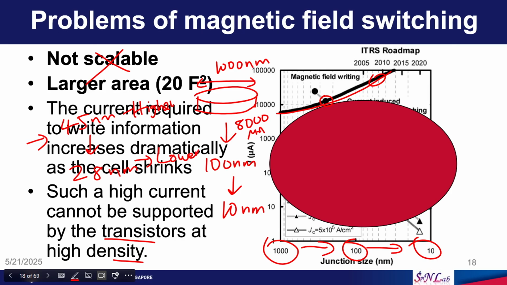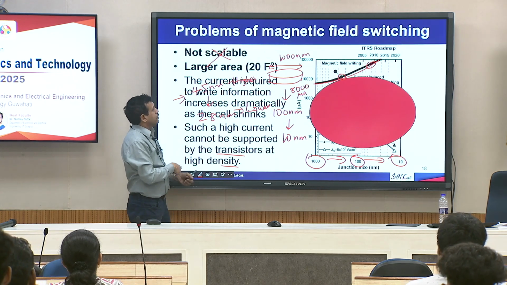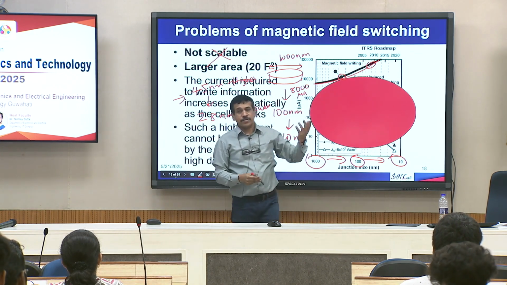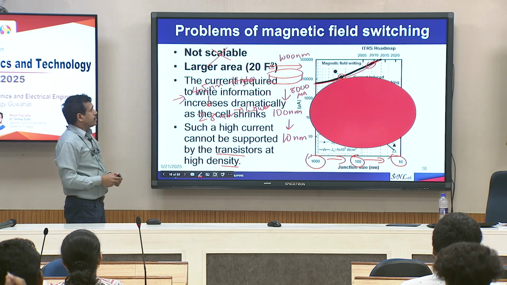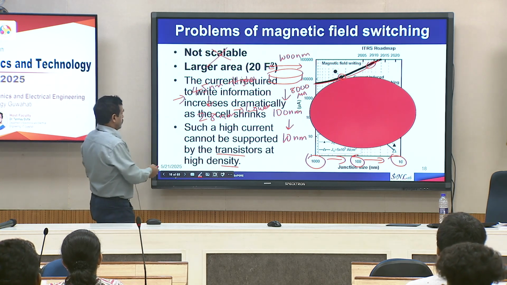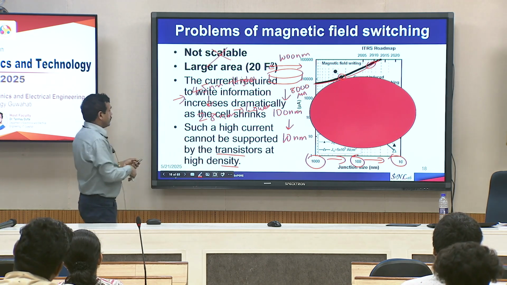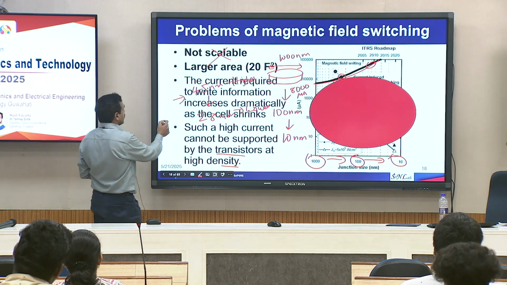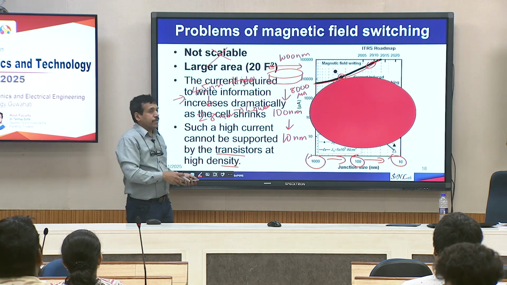So, as you go towards better technology, the current delivered by transistors is going lower, but the current we need for writing information is getting higher and higher. So, we are in a problem. Because of this problem, this technology became obsolete. Now, nobody is using this technology.